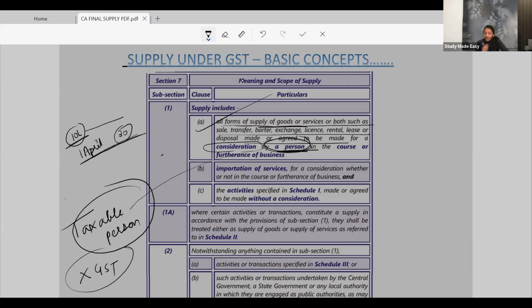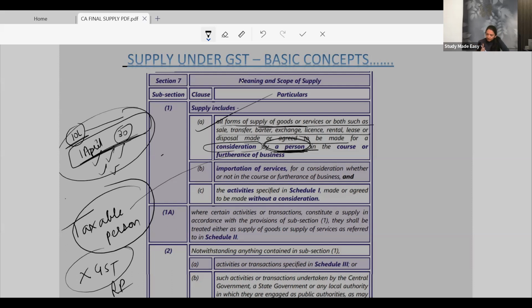Are you getting it? I am liable to get registered. Are you getting the meaning of the words liable to get registered? So from 1st April to 30th April, I am the person who is liable to get registered. So whatever supply I do during this duration, obviously that should be counted. You will have to count it, otherwise how will you pay GST? That is why this person is a taxable person, liable to get registered, or already a registered person.